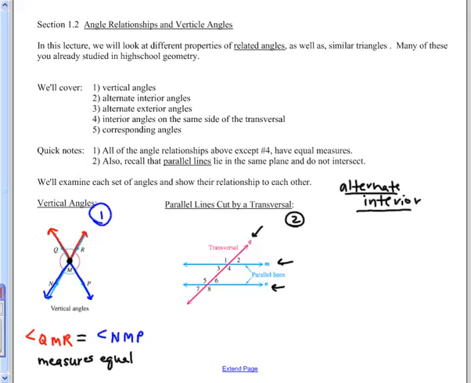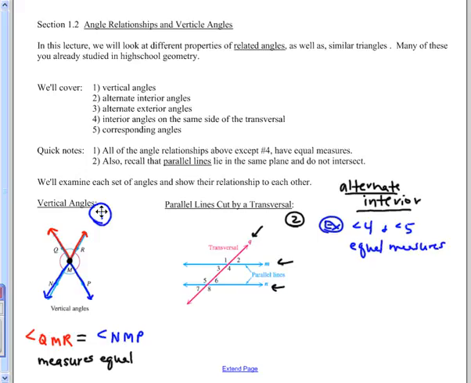But we also want these to be interior. By interior, we mean between the parallel lines. So an example of alternate interior angles would be angle 4 and angle 5. They're on opposite sides of that transversal, but they're both within the parallel lines. These two angles do have equal measures as well.